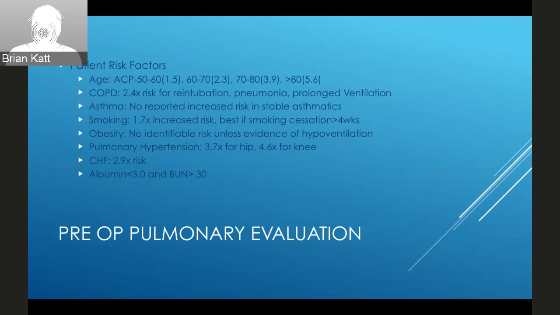If instead of the normal 96, 97, 98, 99% room air pulse ox, you have maybe 92, 93, 94, and you have no other history of lung disease like COPD or anything, that might be someone that you think about screening for hypoventilation. Other tip-offs that you might actually have some chronic hypoventilation is an elevated serum bicarbonate.